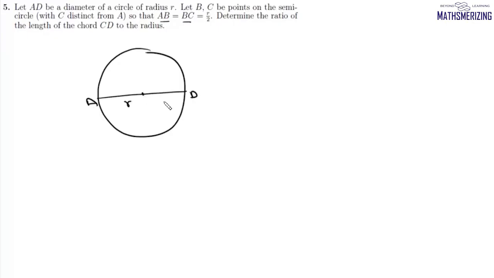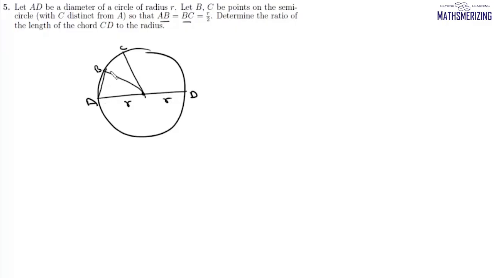Now question number 5 is, let AD be a diameter of a circle of radius r and let B and C be points on the semicircle such that AB equals BC equals r by 2. Determine the ratio of the length of the chord CD to the radius. So we have this circle whose diameter is AD, radius is r, and there are 2 points B and C such that AB is equal to BC. So this is AB and this is BC.